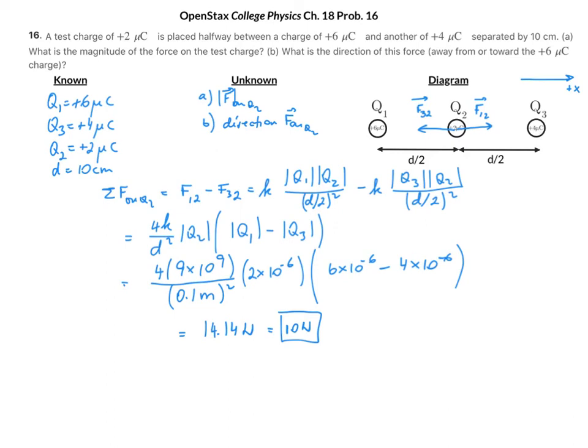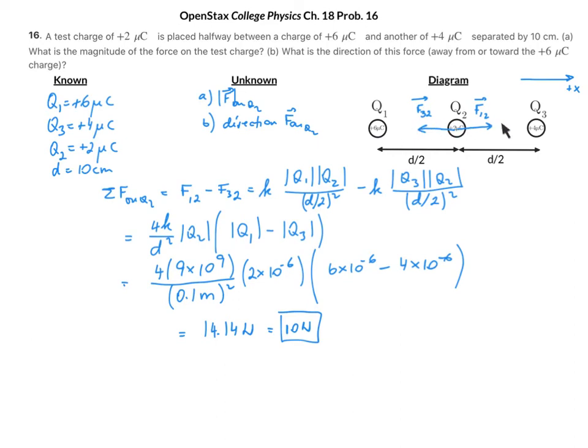Now, we answered part A. In part B, we want a direction. So how do we determine that? Well, since I picked the positive direction to be to the right, and I obtained a positive number, that means that my final force is also to the right. And the question is asking us to say whether it is toward or away from the 6 microcoulomb charge.